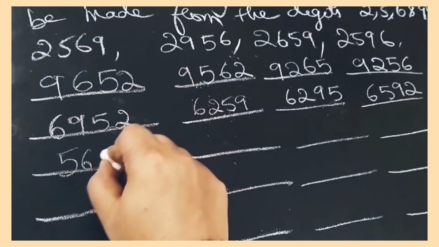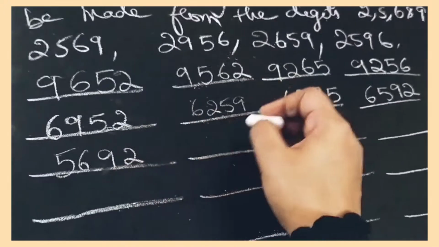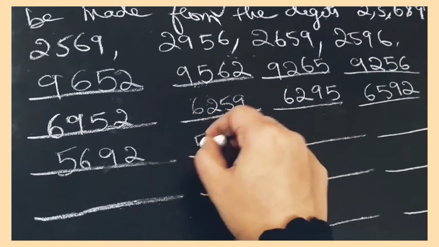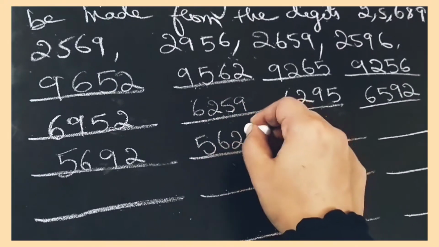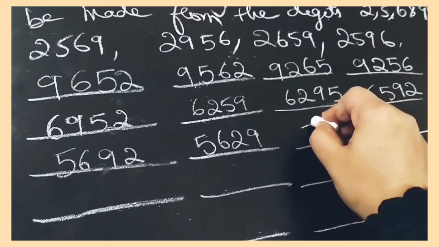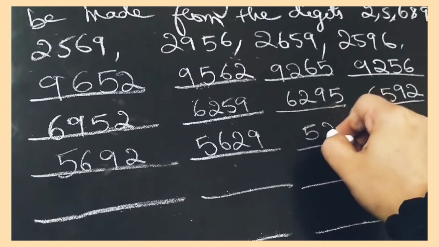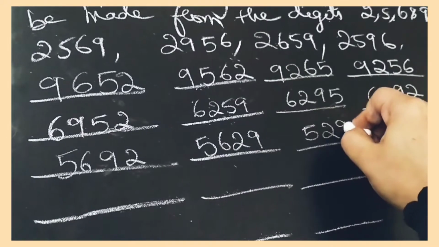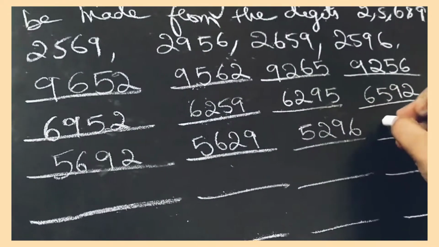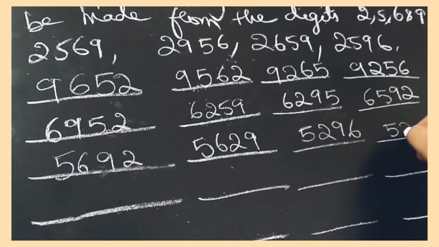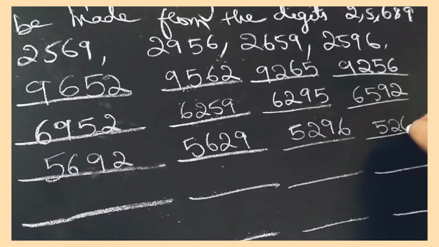You can take any numbers. Okay, 5 6 9 2, 5 6 2 9, 5 2 9 6, then 5 2 6 9.